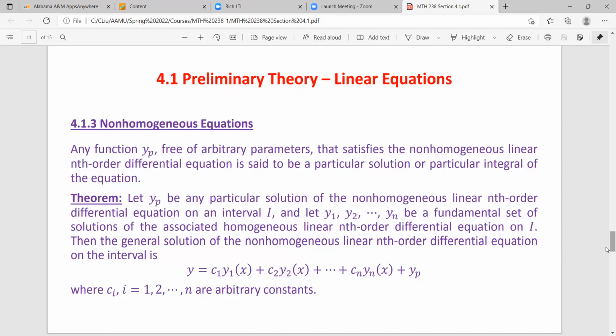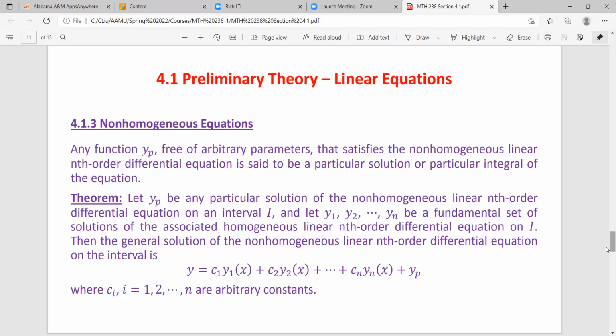And let y1, y2 to yn be a fundamental set of solutions of the associated homogeneous linear nth order differential equation on the same interval I. The associated homogeneous linear nth order differential equation means you just take off the right-hand side of the non-homogeneous equation and put 0. That's called the associated homogeneous equation.